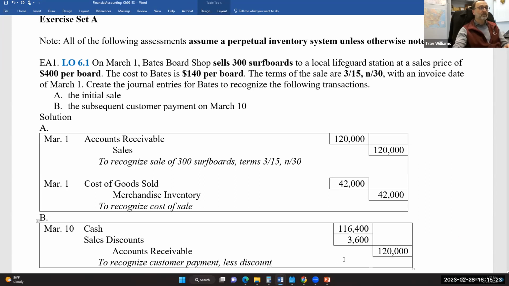Okay, so those are the steps. Take the amount that's owed, multiply it by the amount of discount, which was 3%, subtract that from the amount owed, and then you know how much has to be paid. Okay, so now we've journalized the customer's payment, and we're done with exercise number 1.